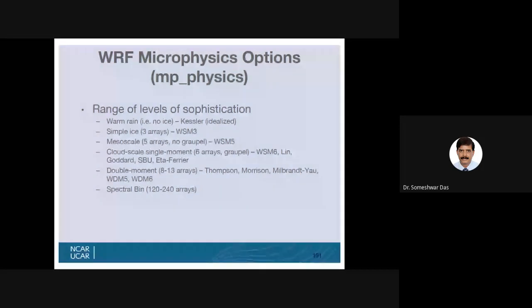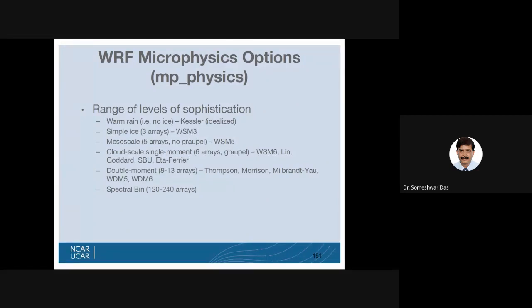Nobody remembers, it seems. See, when we say that we are taking into account different cloud microphysical parameters like cloud water, cloud ice, snow, graupel or hail, what are we talking about? We are talking about the mixing ratio of those cloud microphysical parameters, right?